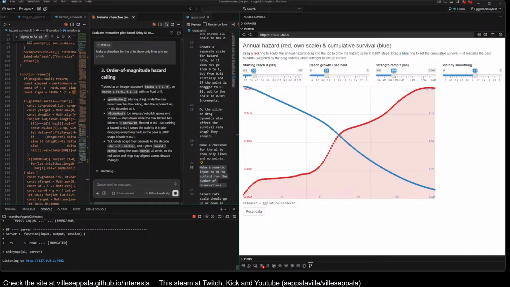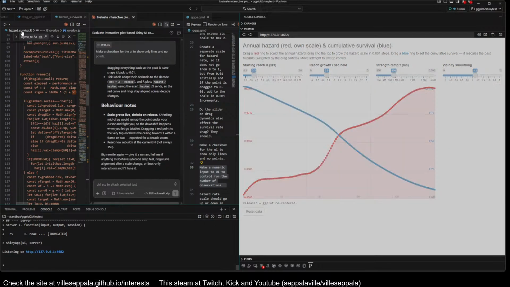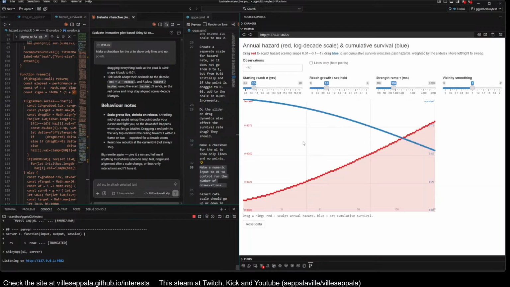Let's see if we get some kind of warning about having too big of a data. Okay, let's see. So here we have the observation setting.